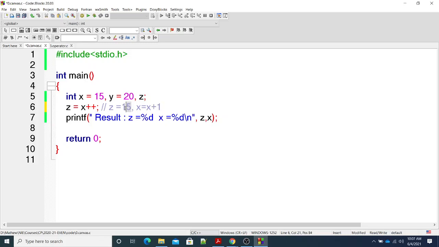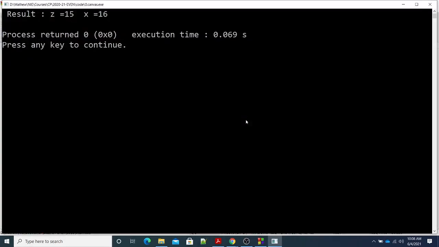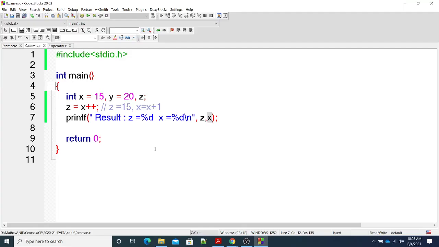The existing value of x is 15, that is utilized. So z is assigned 15. This is followed by x is equal to x plus 1. So 15 plus 1, 16. So we should get the result 15 followed by 16. z is 15, this is 16. That is the difference between pre-increment and post-increment.